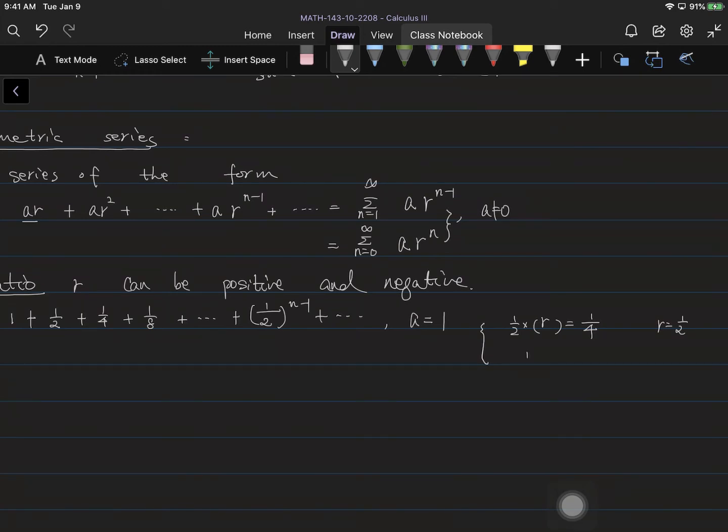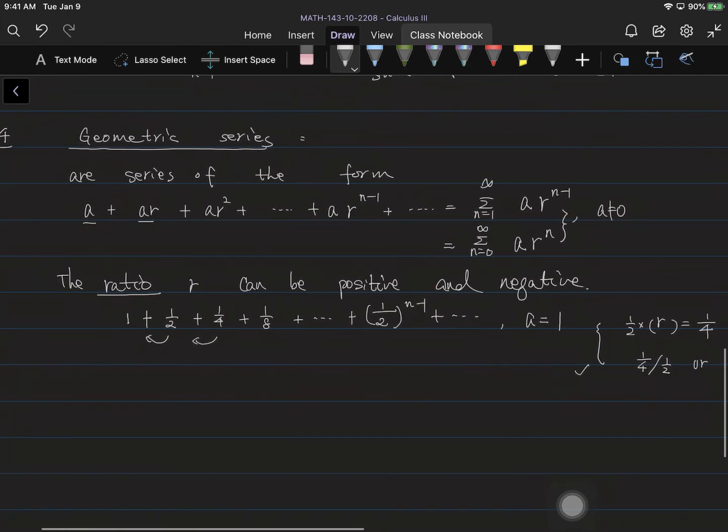For example, you can use 1/4 divided by 1/2 or 1/2 divided by 1. And we can also get R equals 1/2. I like the second way better. So always use the next term divided by the previous term, we can get the ratio. That's like AR divided by A, which is R, right?